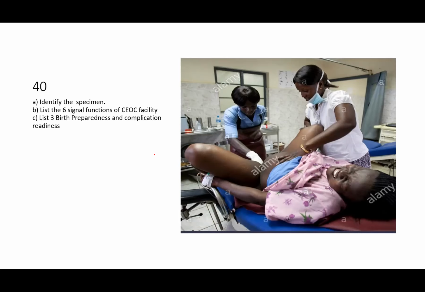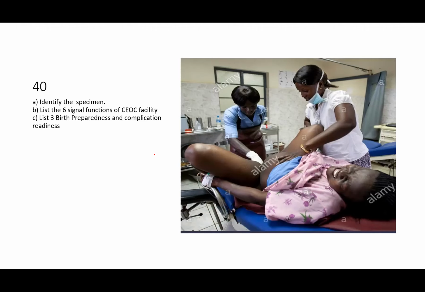What is a CEOC facility? Center for Emergency Obstetric Care. What is the minimum you need in such a facility where they can provide emergency obstetric care and receive deliveries?